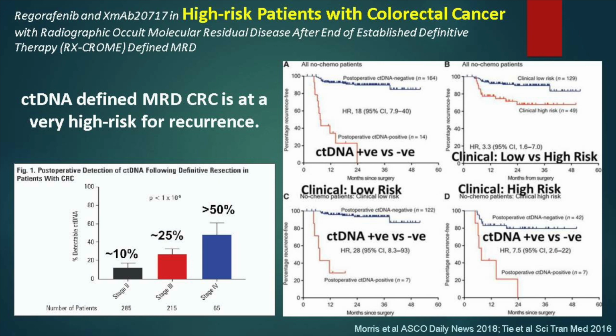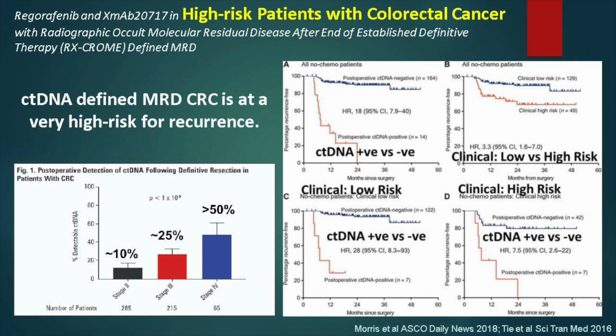And when you look at patients who have stage 2 and stage 3 disease, if they are ctDNA positive after their surgery or after their chemotherapy, their chances of recurrence within a year are as high as 70 to 80%.